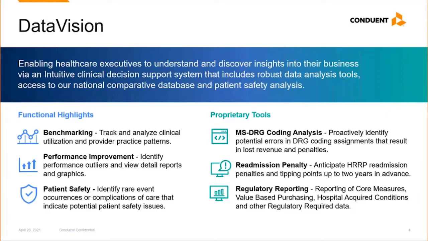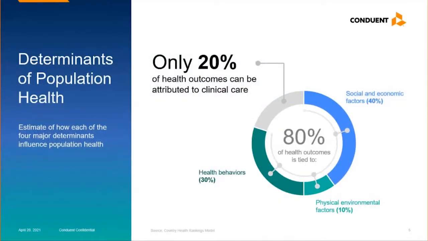So, Jane, let's look at those health outcomes. Wow. What are the determinants of population health? This one is something that I have felt for a long time, but love to see it here in print. Only 20% of health outcomes are attributed to clinical care.